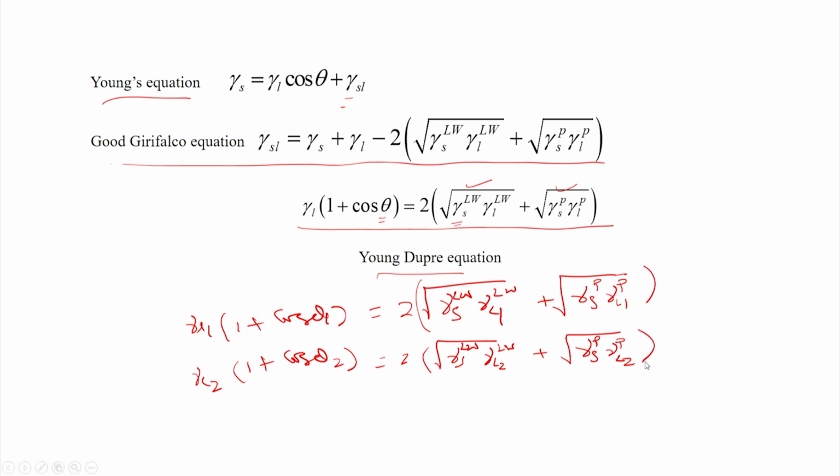So you have two such equations. If we know the liquid quantities, we can solve these equations and find gamma S LW and gamma SP, and the summation of that gives me the total value of gamma S.